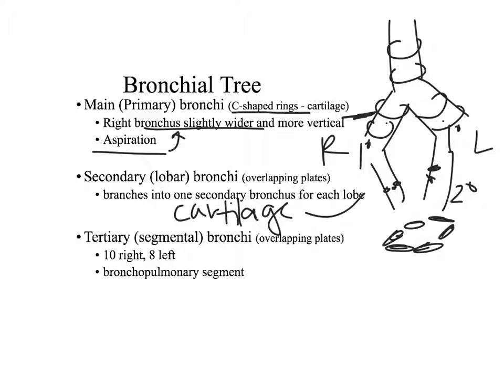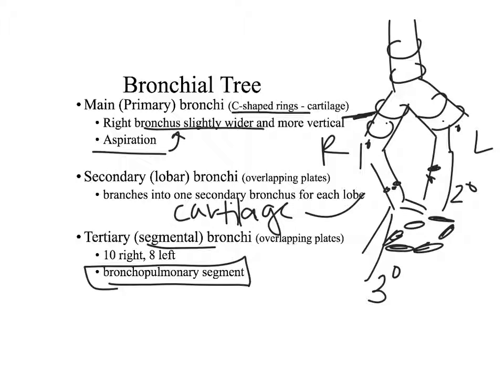And then when they split again, that's tertiary. Tertiary bronchi go to bronchopulmonary segments, which we're going to talk about in a minute. There are 10 tertiary segments on the right and 8 on the left.